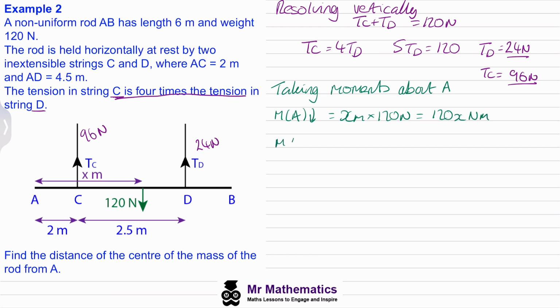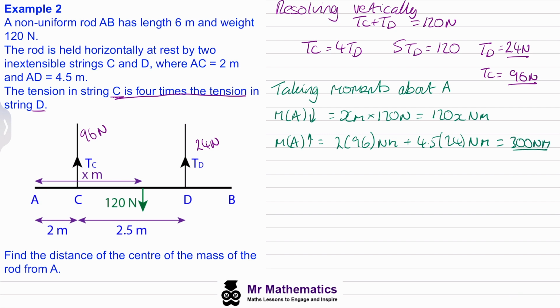The anti-clockwise moments will be this length of 2 meters times TC, so 2 lots of 96 Newton meters, plus this length multiplied by TD. This length is 4.5, so 4.5 lots of 24 Newton meters. This works out as 300 Newton meters.